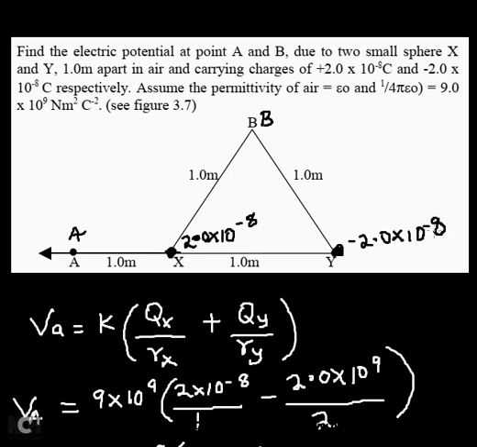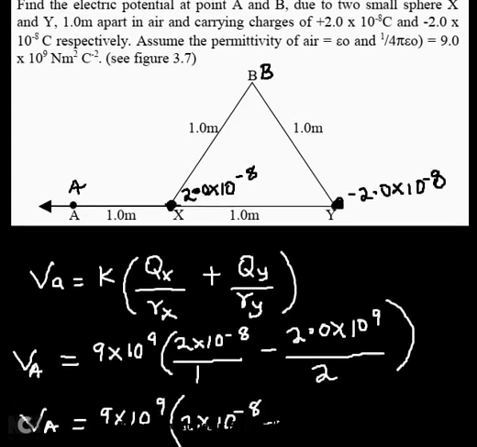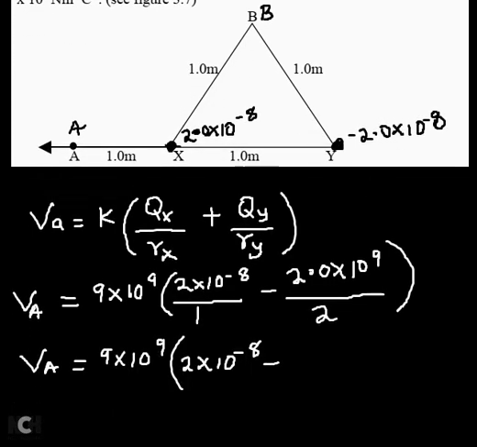Pardon my mistake. So here 2 divided by 2 gives 1, so 1 times 10 raised to the power of minus 8.